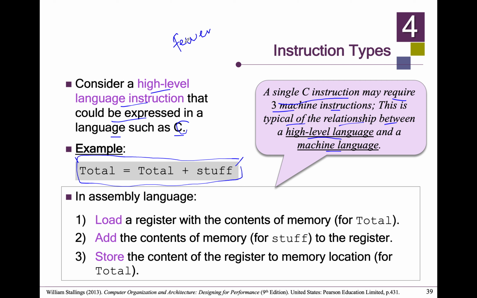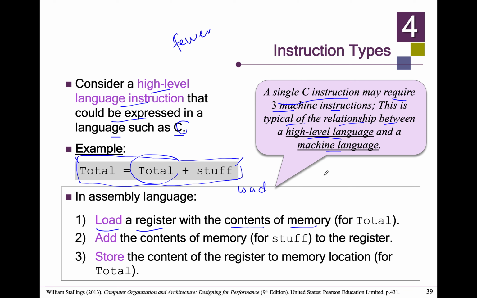Then in your assembly language, basically what happens? First, you need to load the value of the total. Load the register with the content of memory. So maybe you are going to put load.